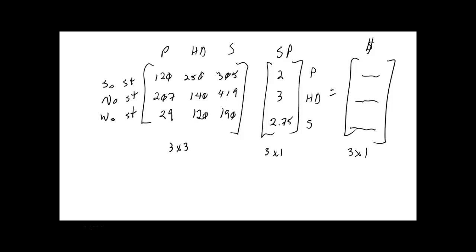Sure you can. And what would be your resulting matrix? 8 by 6, and nothing is replicated there. So yes, the two inner numbers of those two sizes have to be the same. Eliminate those, and the outer numbers give you the size of the resulting matrix.